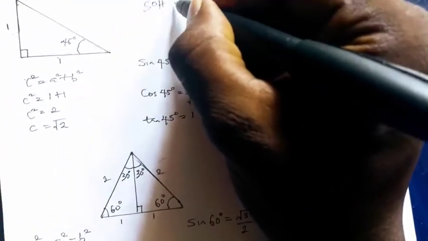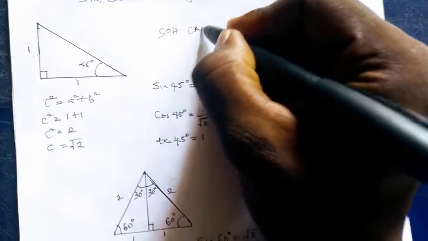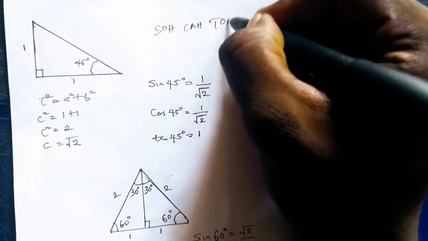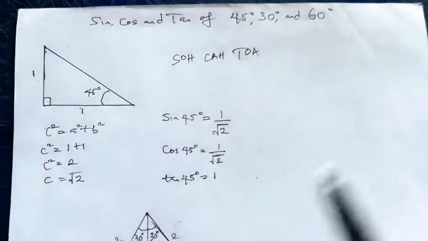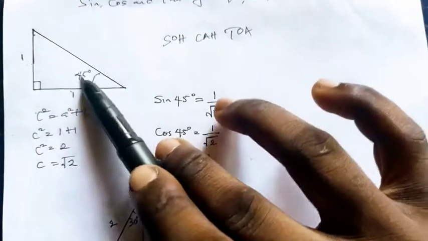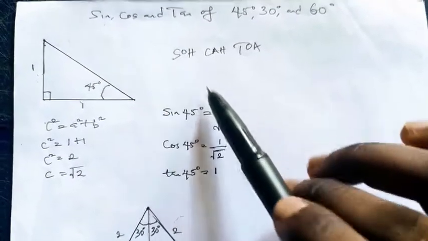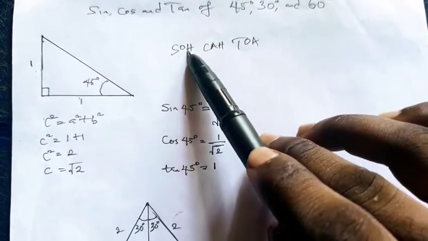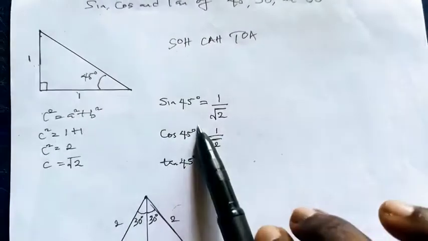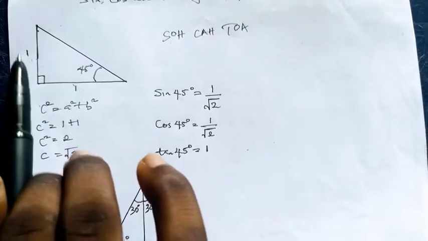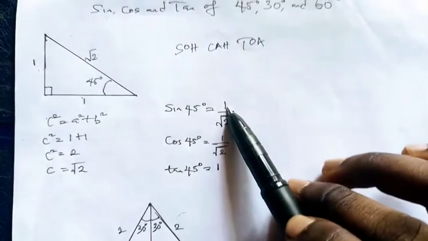Now, from here, using SOHCAHTOA, we can see that sine theta, where theta here is given as 45 degrees, that our sine 45 degrees is equal to the opposite over the hypotenuse, which is 1 over the square root of 2, and that is what we see here.